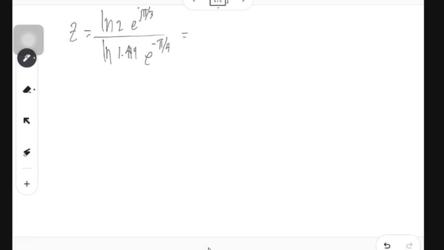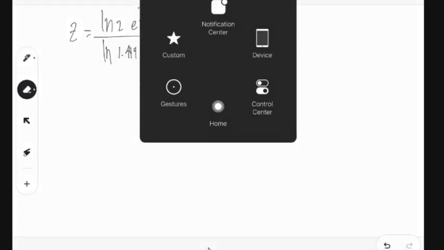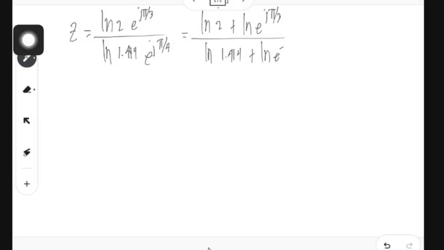That is, natural logarithm of 2 plus natural logarithm of e to the j pi over 3. While the denominator, it is natural logarithm of 1.414 plus natural logarithm, may j ito, no? Meron j. E to the, you might be confused with this. So, e to the negative j pi all over 4.